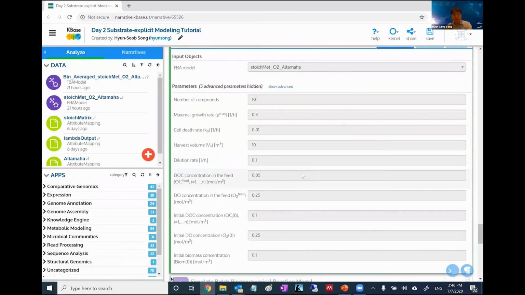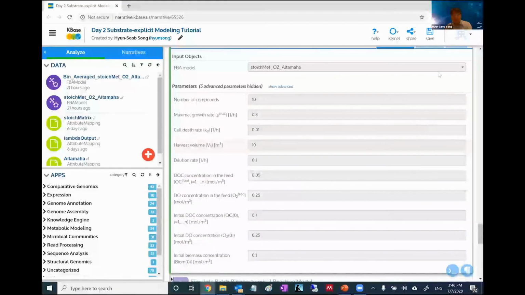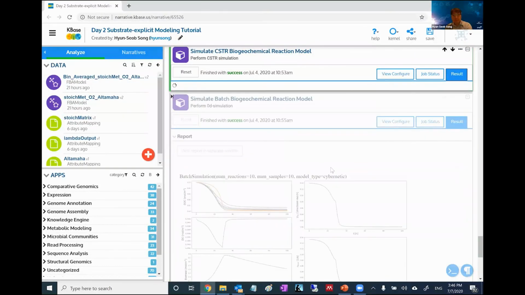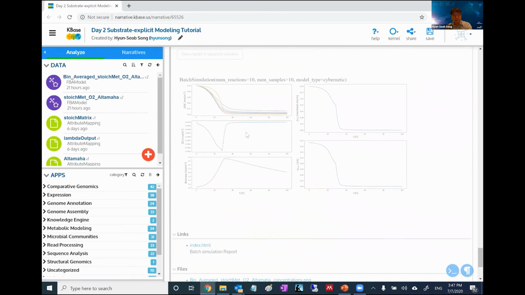So anyway, the CSTR result is this. You can see, though it's still not shown clearly, that one of the carbons is not really consumed initially because it is waiting, because of this cybernetic control law.